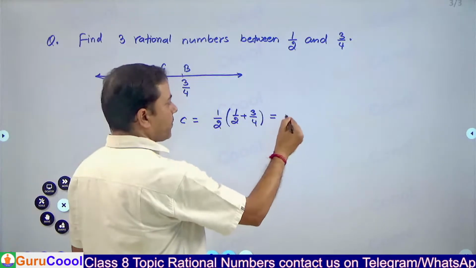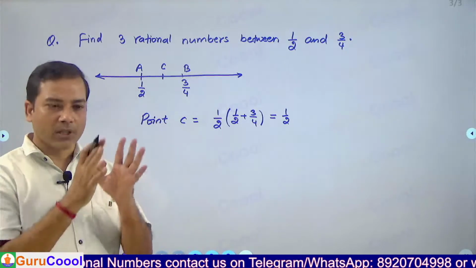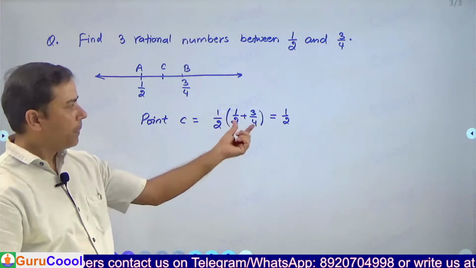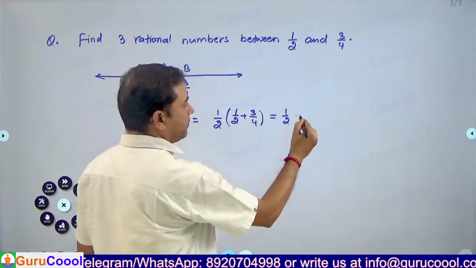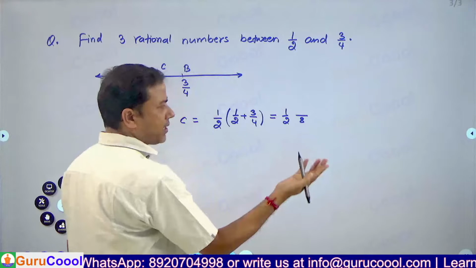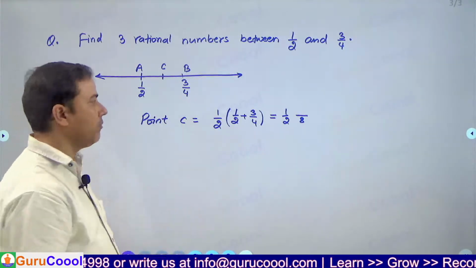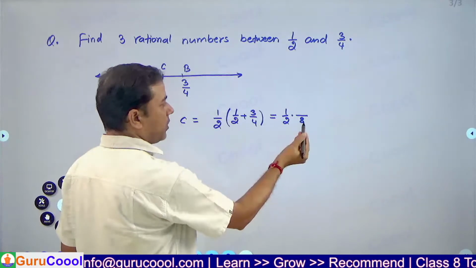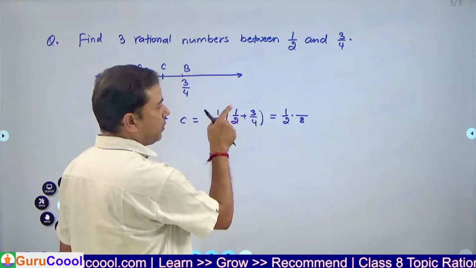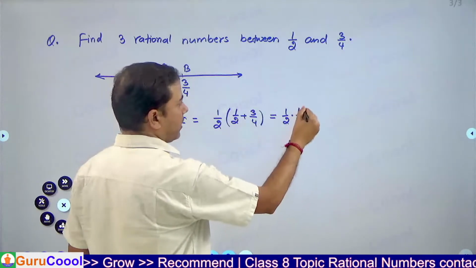Now 1/2 and 3/4. I told you how to add two rational numbers in a short manner. Multiply the denominators, 4 times 2 is 8. You can take the LCM also, that is also a way, but this way we can do it briefly and quickly. 8 in the denominator and then cross multiply: 4 times 1 is 4, 2 times 3 is 6, 4 plus 6 is 10... 8 plus 6, 14.